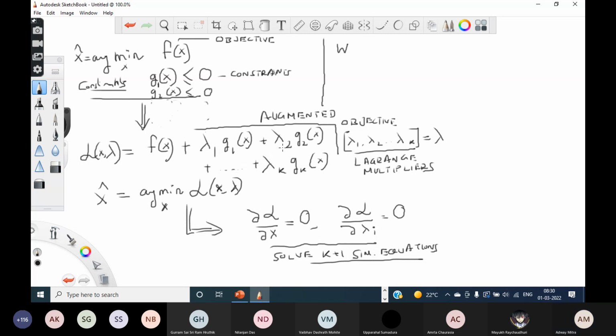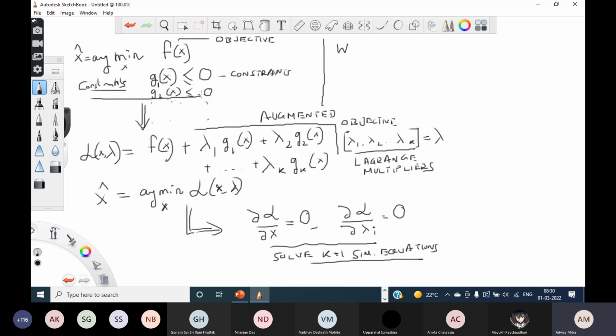So the lambda values will have to be adjusted accordingly. And so you can say that this is a kind of relaxed version of the problem. In general we cannot give a guarantee that all these constraints are exactly going to be satisfied.